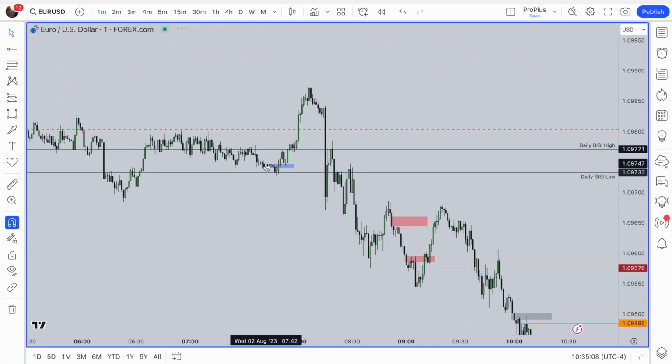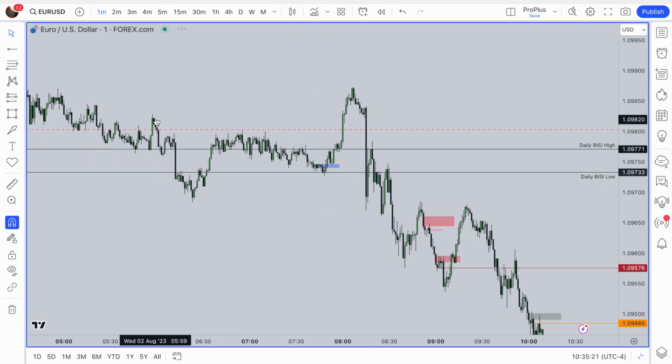So we saw in the morning, so this is early New York time, or London session, sorry. It ran, took out these highs here. So this is manipulation to the upside. It then broke lower, market structure shift, pulled back into this BISI here, CB, sorry, and then it tapped into the high of that daily BISI.